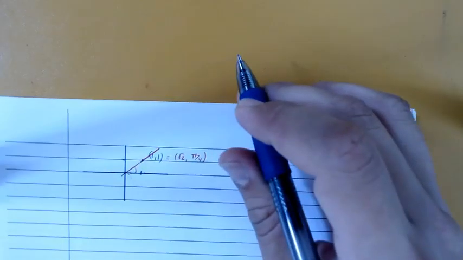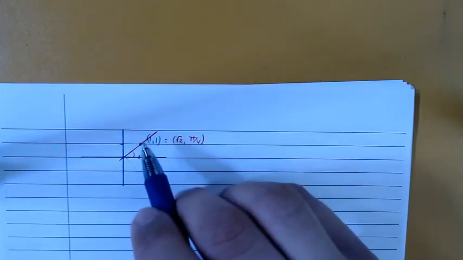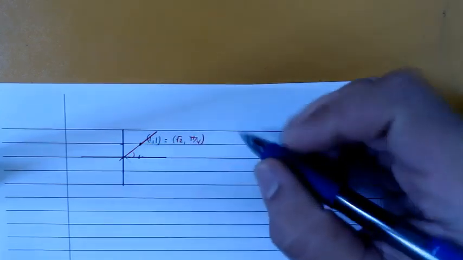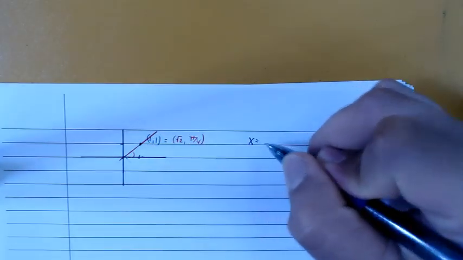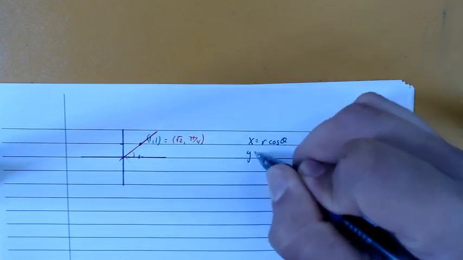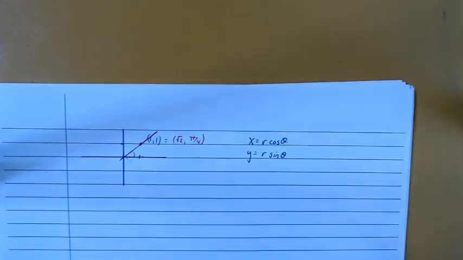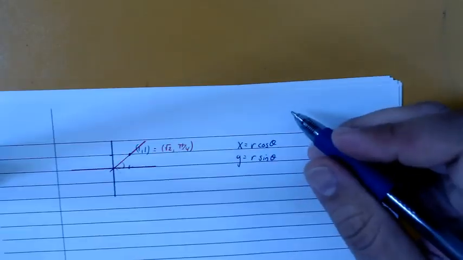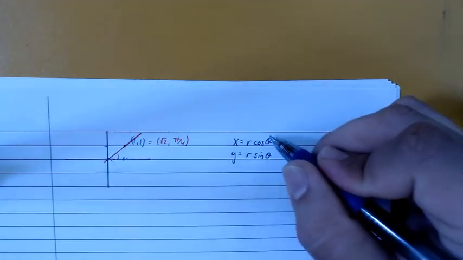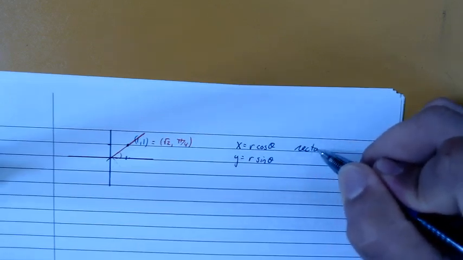You'll remember that a parameterization, a way of expressing points in the xy plane with respect to the angle, was given by x equals r cosine theta, and y equals r sine theta. So here we had ways of converting back and forth between rectangular and polar coordinates.